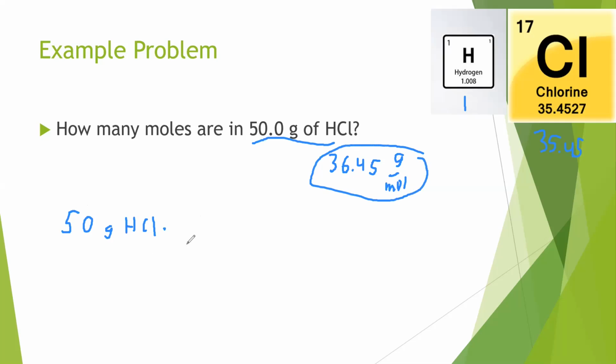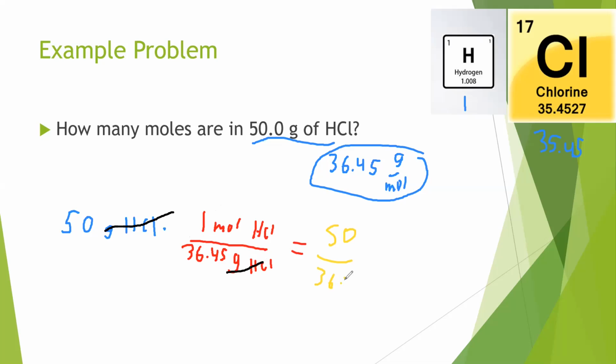We can multiply it by 36.45 grams of HCl per 1 mole of HCl. And then if you guys notice, this grams HCl cancels with this grams HCl. So we basically get 50 over 36.45 mole HCl.